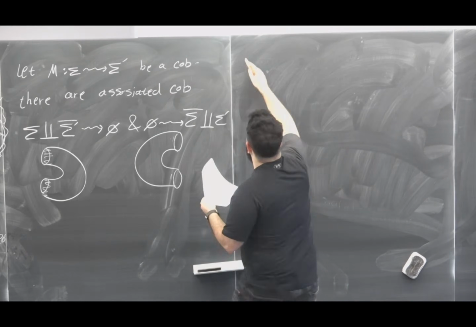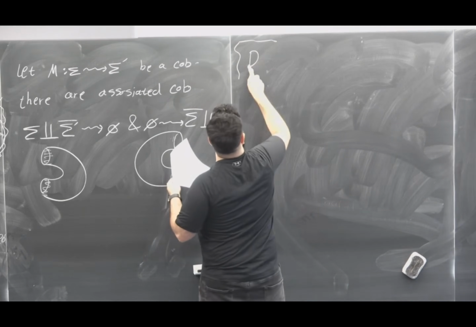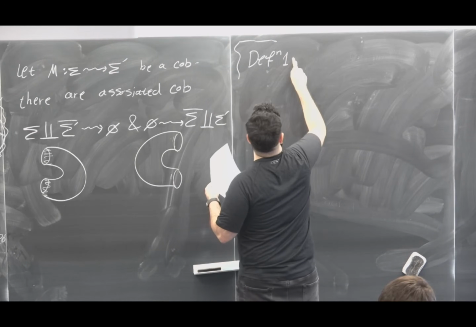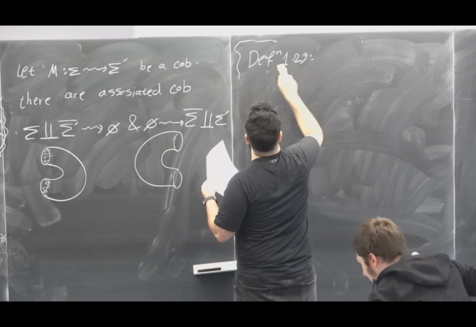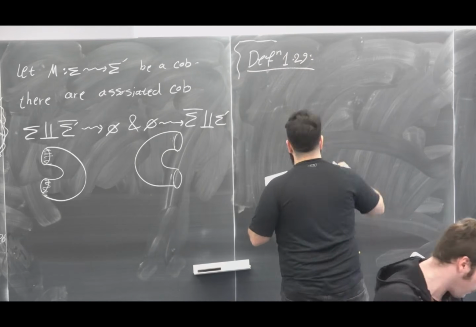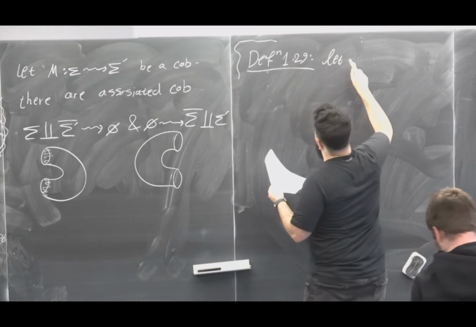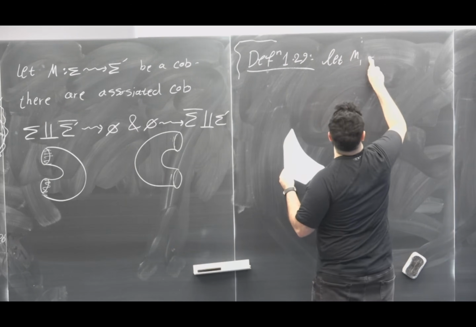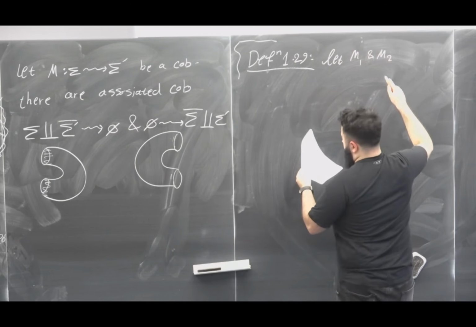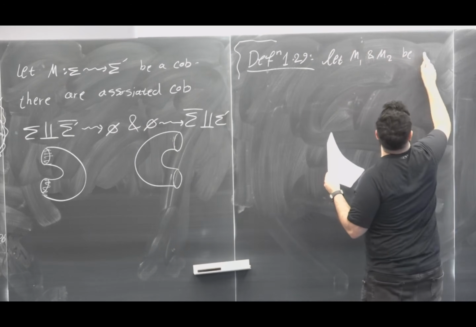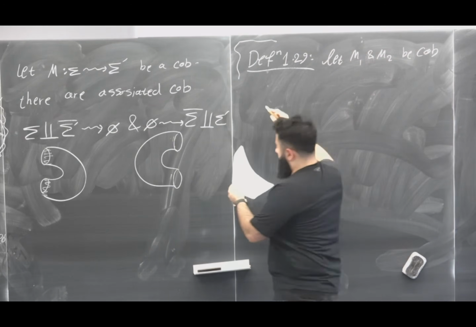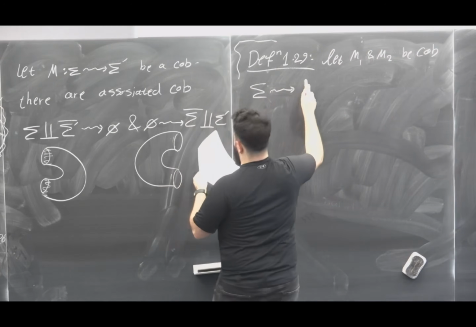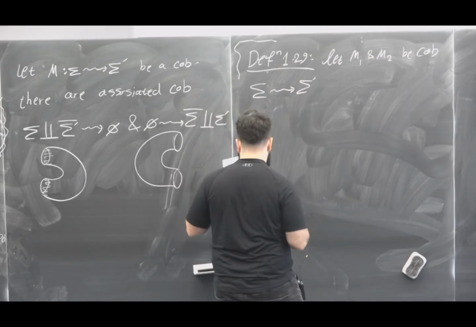Okay, definition. Let M1 and M2 be cobordisms from sigma to sigma prime.